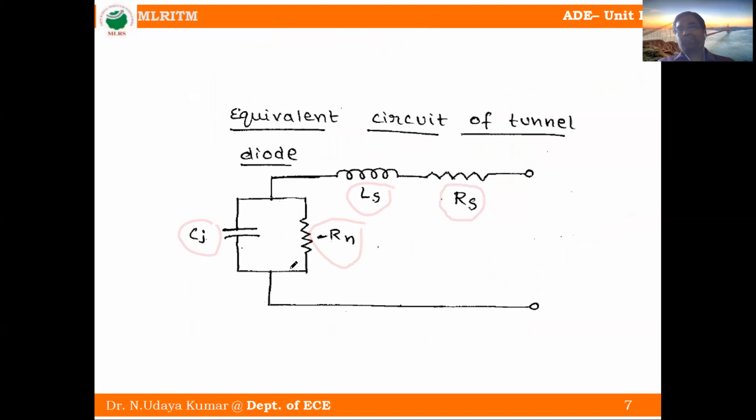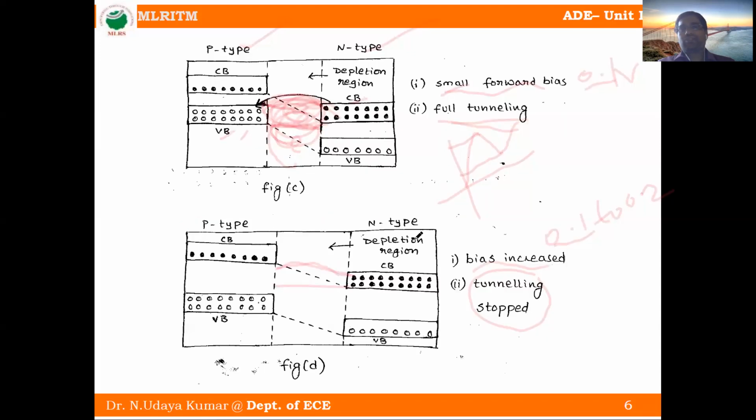You may doubt where the junction capacitance exists. In the junction, there are always positive ions and negative ions, positive, negative, positive, negative, so a parallel plate capacitance exists.